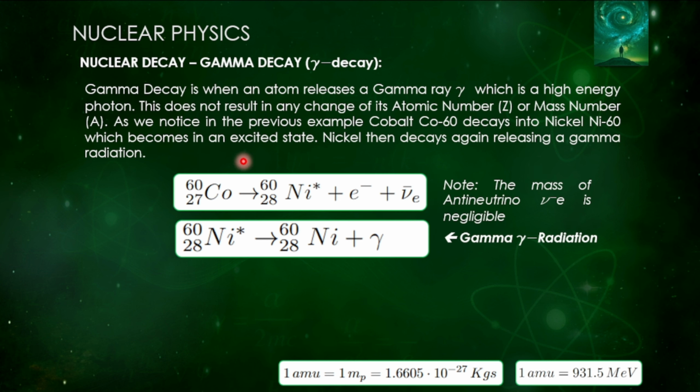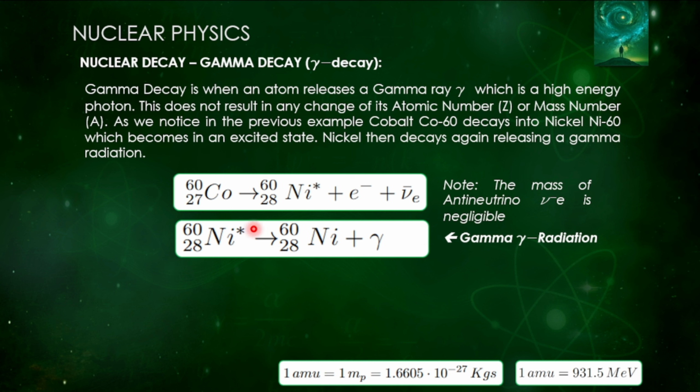So what's gamma decay? An atom releases a gamma ray, which is a high energy photon. It does not result in any change of the atomic number or mass number of the atom. As we noticed in the previous example, cobalt had decayed into nickel, which is still radioactive. So the nickel decays again without any change in the mass number or the atomic number, but it becomes less radioactive while releasing gamma radiation, which is a high energy photon.